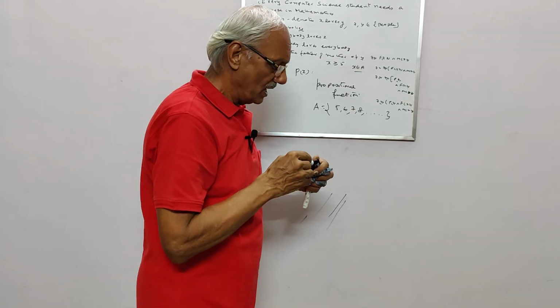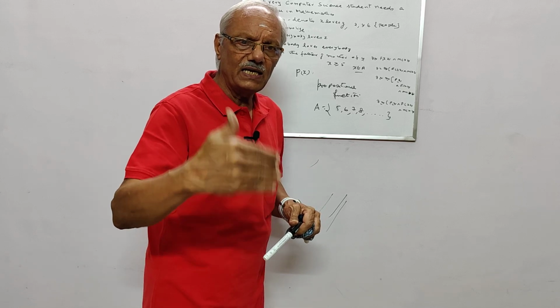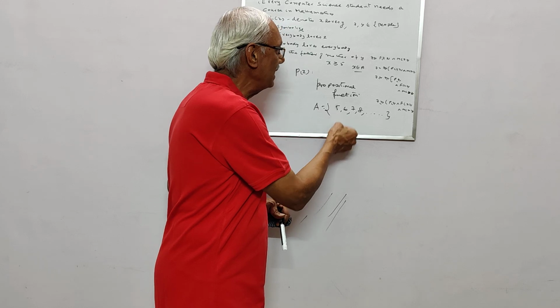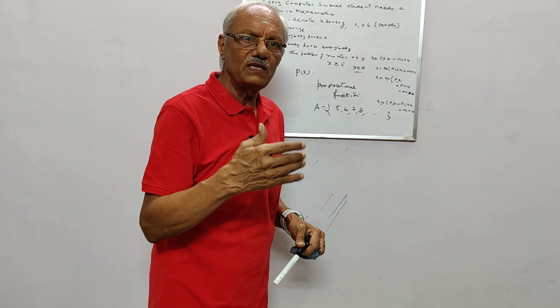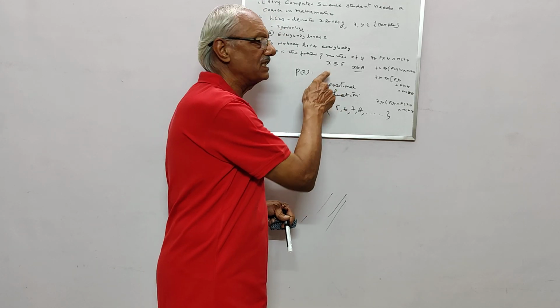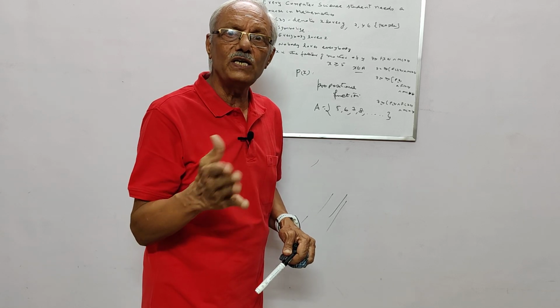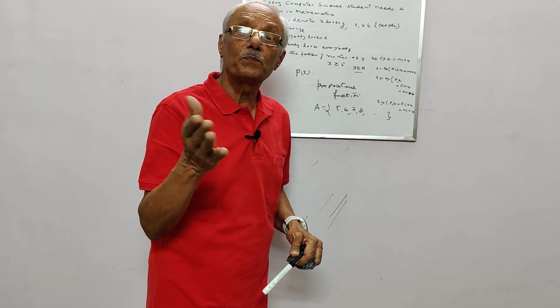What is that I do? I say that x is greater than or equal to 5 and x is a member of the set A. Now you see that you give 5. So what are the numbers available to you? 5, 6, 7, 8, like that it goes on. So every number will satisfy this. Now it becomes a proposition.